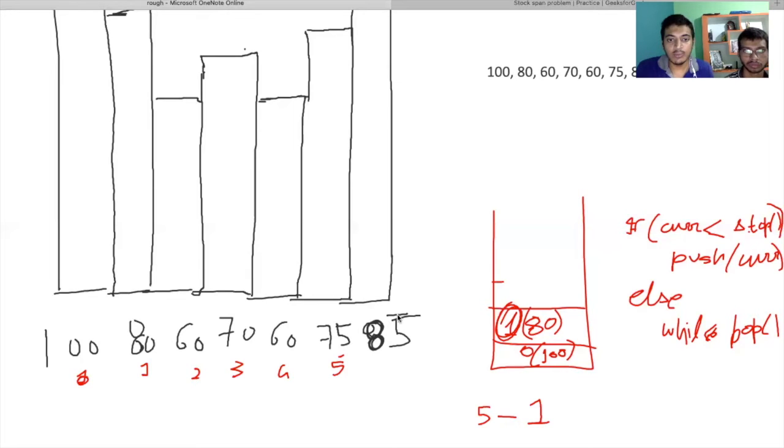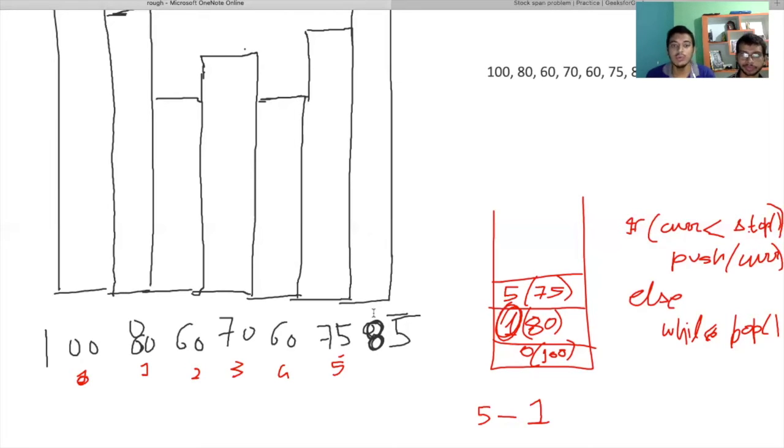So now we move to 85. Before moving to 85, we are going to push 75 also into the stack because the answer is now calculated. So at last we push the element whose answer has already been computed.